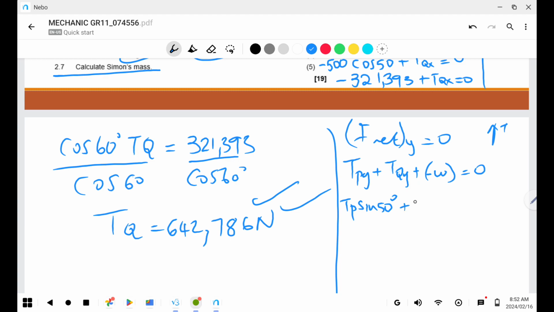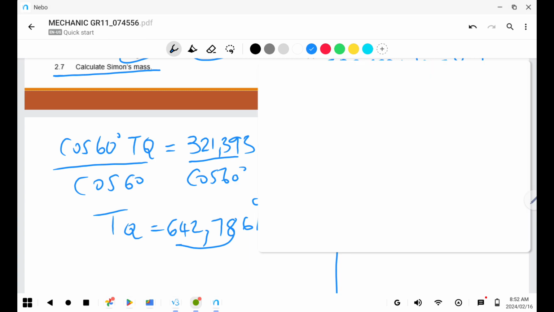This will be TQ sine of 60. If I transpose the weight, I bring it to the other side, that will be positive. So the weight is equal to TPY, which was 500. This is 500 sine of 50 degrees plus this one, we just found it there, that is 642,786 sine of 60. Let me employ my calculator here.